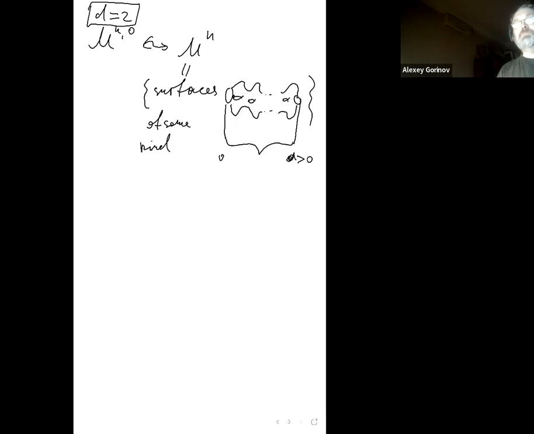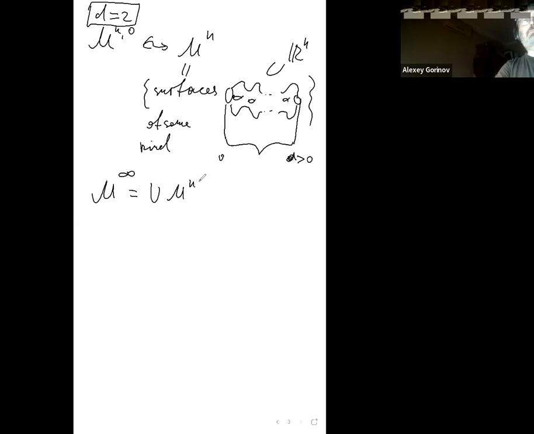So all these surfaces live in R^n. We'll take the union as n goes to infinity and call it M_∞. What do I need to assume?